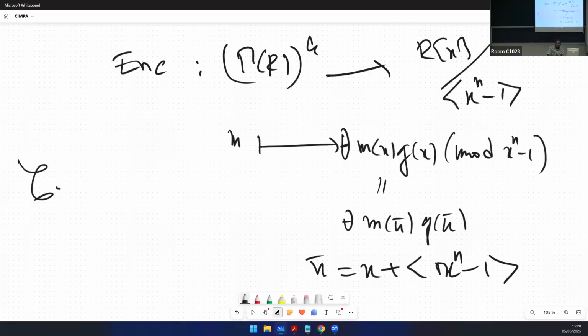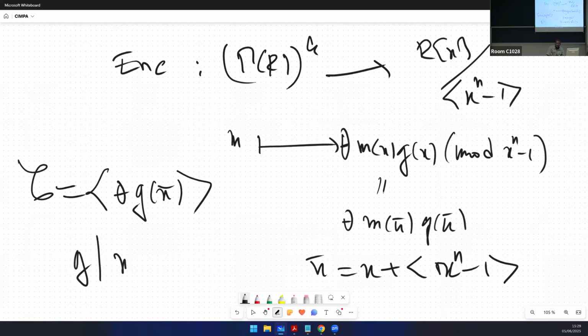In this case, C is generated by theta D, where D is a monic divisor of this polynomial. You use Hensel lift to factorize this polynomial into basic irreducible polynomials.